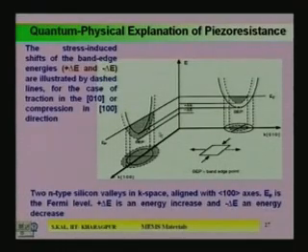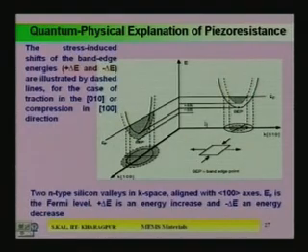But on the other hand, if you apply a compression axis which is 100, there you see the band edge of the Fermi level reduces by minus delta E. So, that means here the probability of the carrier should be more.